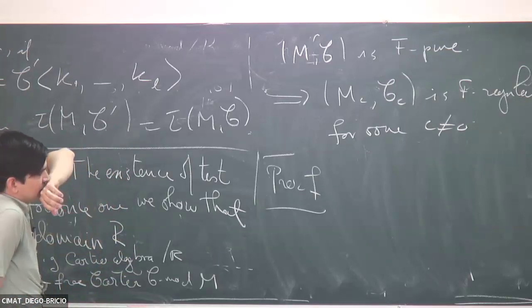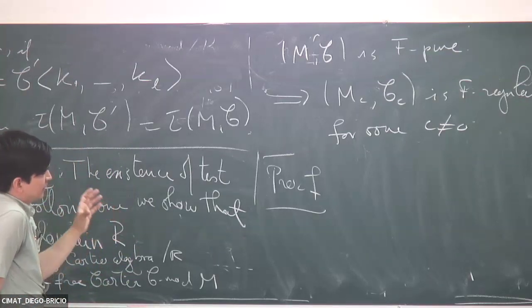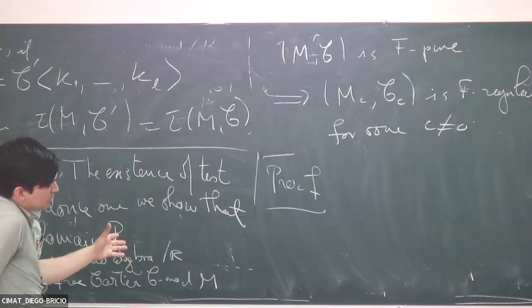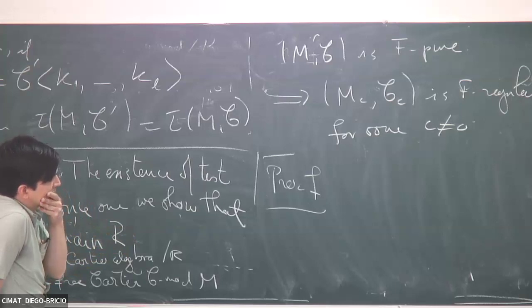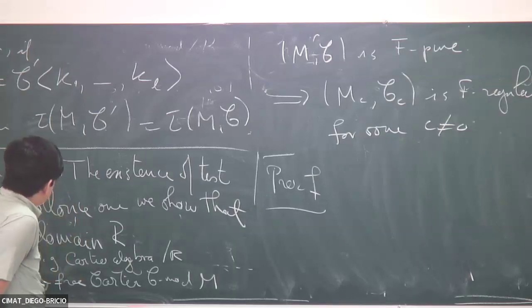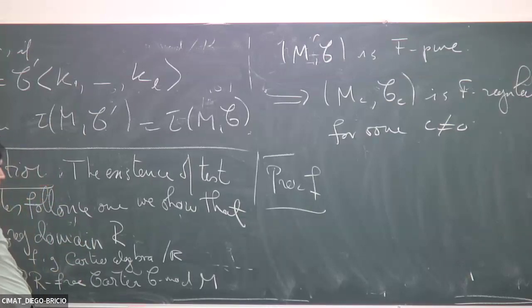So the first lemma tells us, right, that if we have this Cartier algebra acting on M, the test module is computed by a finitely generated one. We replace C prime. So what we can do is replace C prime.